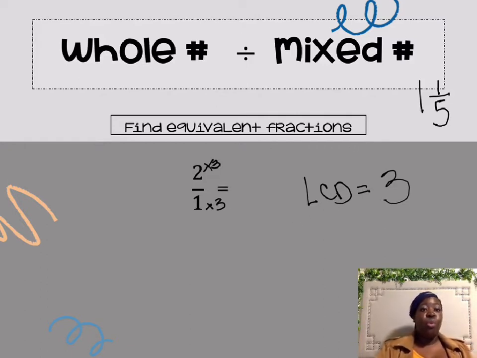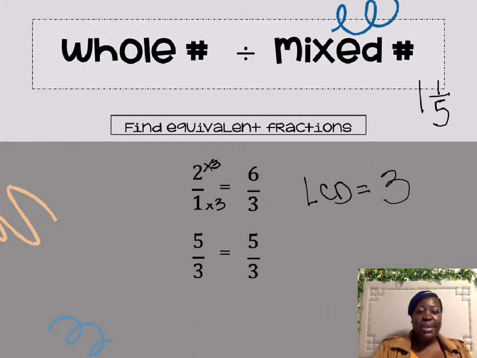So 2 ones is equal to 6/3. And now we can do the next fraction, which, if you can remember, is 5/3. 5/3 is how many thirds? Very good. 5/3 is the same thing as 5/3 because 3 times 1 is equal to 3 and 5 times 1 is equal to 5.